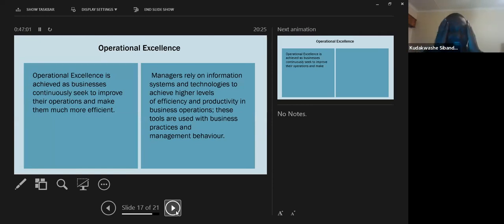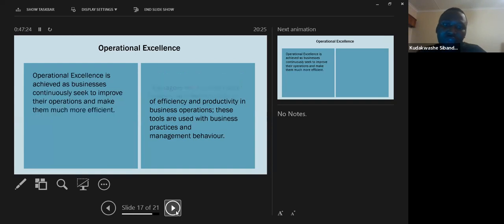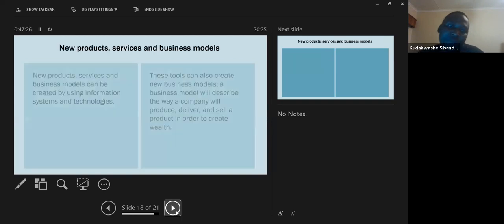So when we're talking about operational excellence, right, we're almost done. We're talking about how a business continually seeks to improve their operations and make them much more efficient, right? So managers, to be much more efficient, rely on information systems and technologies so that they can achieve higher levels of efficiency and productivity when they are doing their business operations, right?